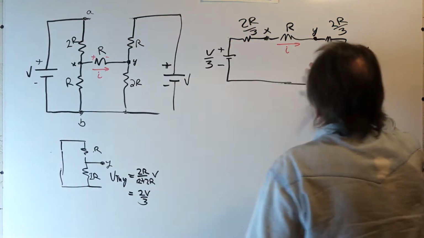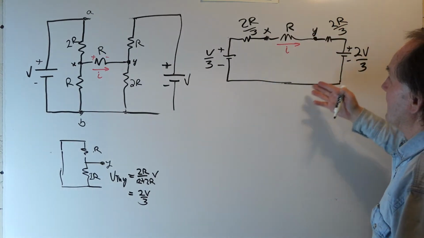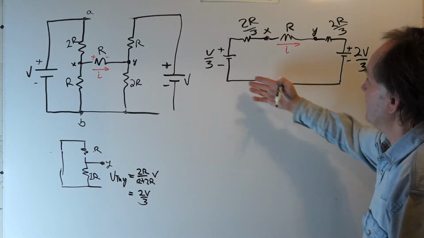So the current flowing in it will be the same I as in the original network. But this network is very simple to solve. We have a series network.